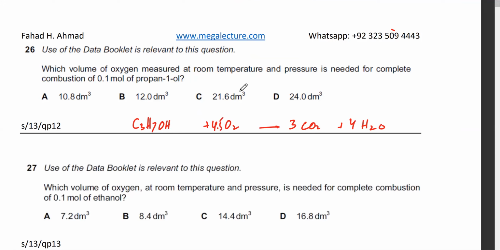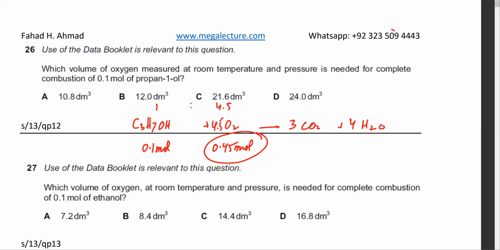So you've got 0.1 moles propanol. This is 0.1 moles. So what's the ratio? It's 1:4.5, right? So 0.1 divided by 1 into 4.5, that would be 0.45. Is this clear? Yes, sir.